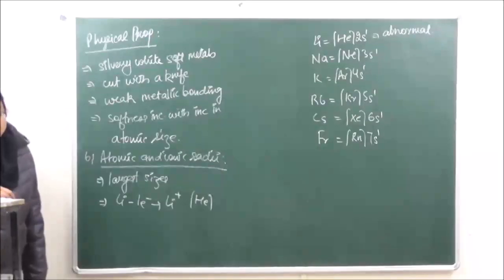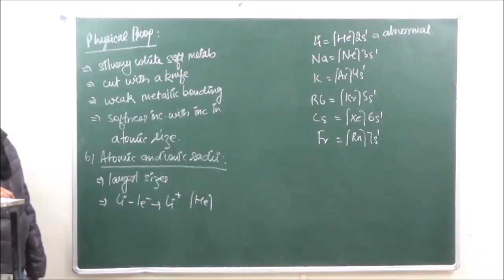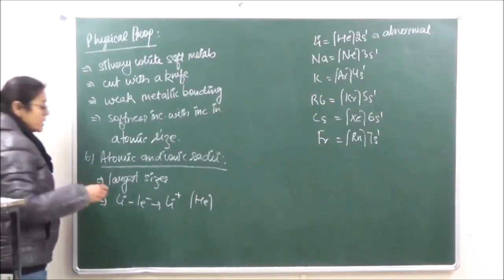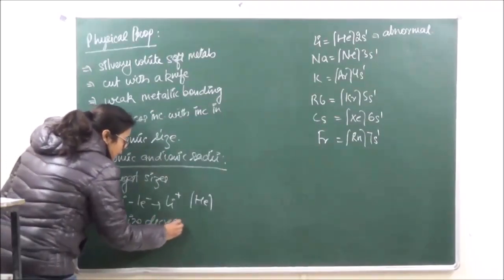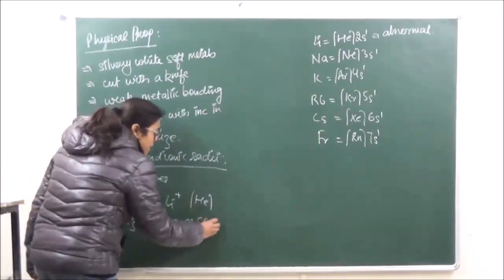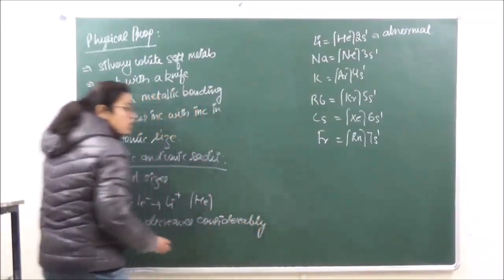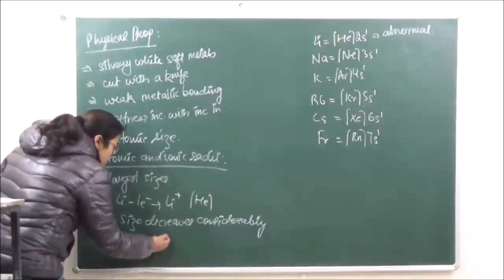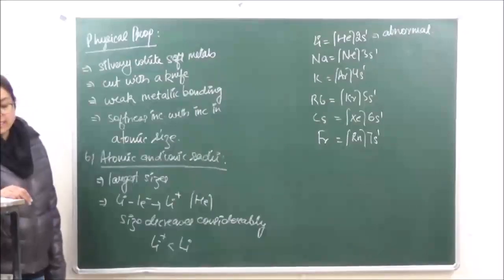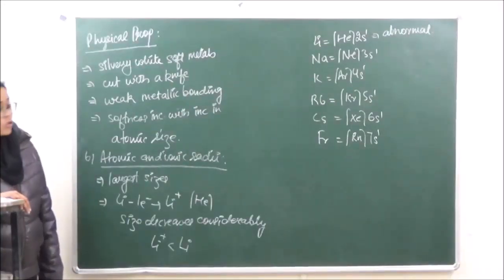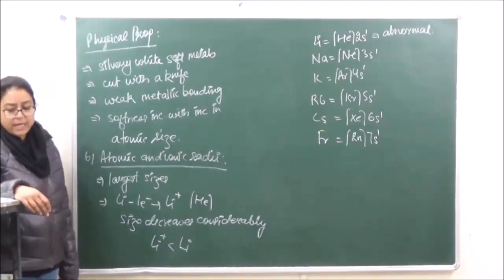Similarly, in case of Na, the entire 3s is going to be removed. Now because the entire shell is getting removed, the size decreases considerably. Therefore, Li positive is going to have a very small size with respect to lithium. The reason behind that is that the shell or electron has been completely removed.